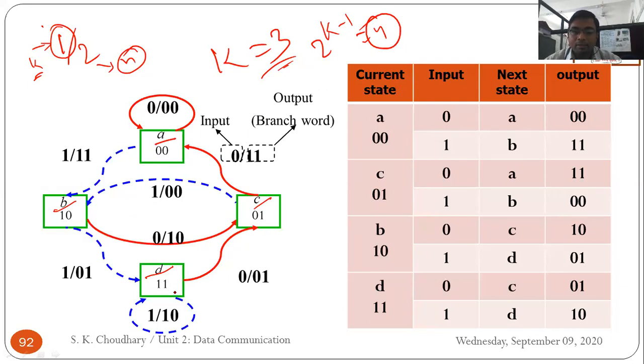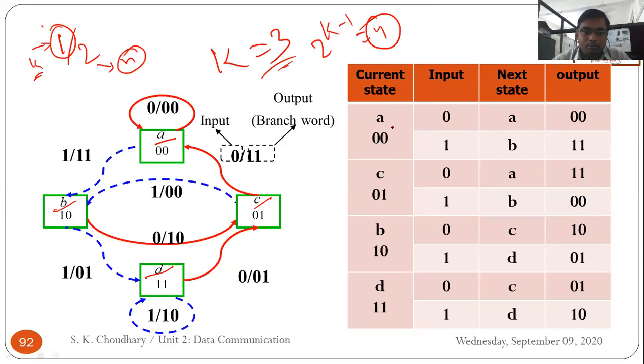To reduce the complexity, I have assigned B as 10, not C. Take care of that, as this kind of assignment is helpful when we have to draw the Trellis diagram, or you can refer to this lookup table. These are the basic criteria that you have to remember.